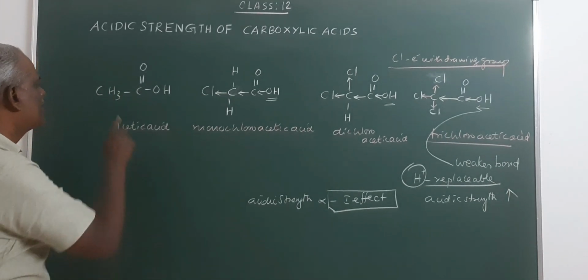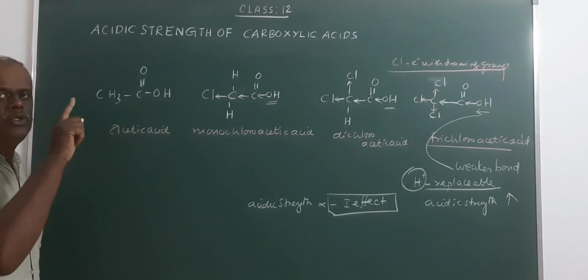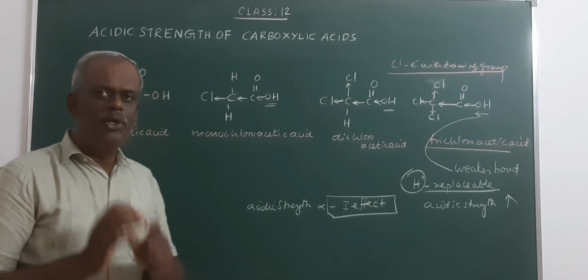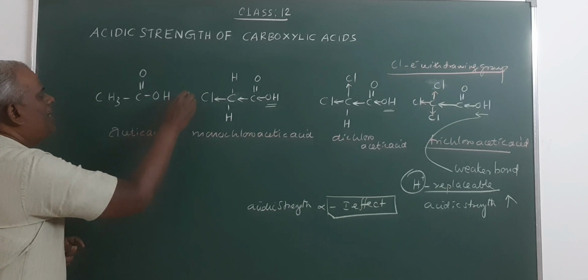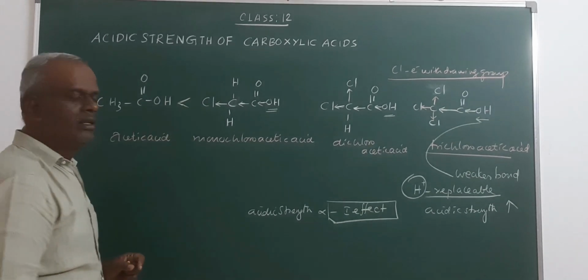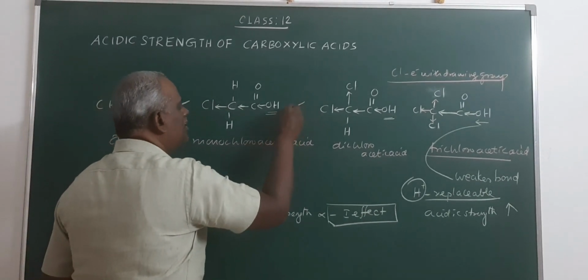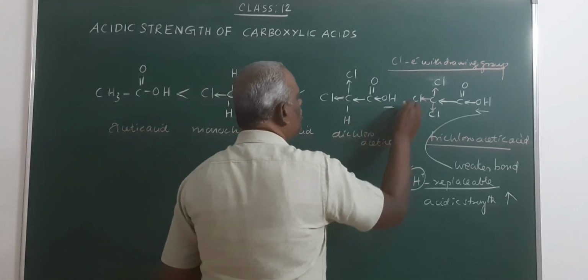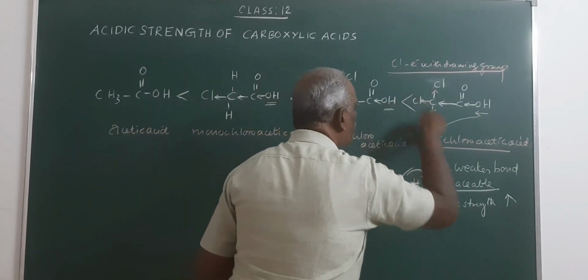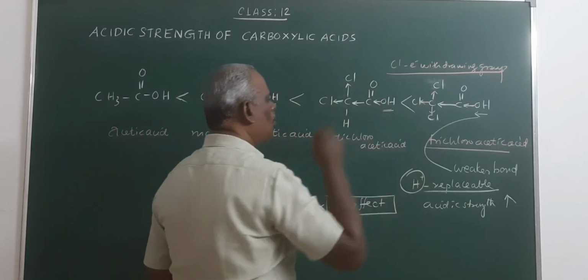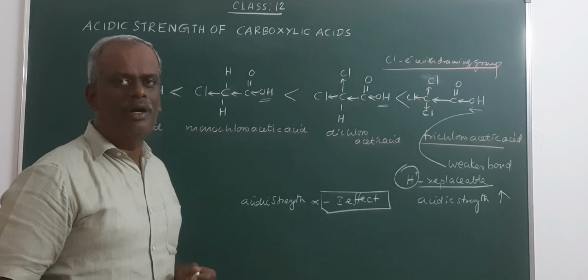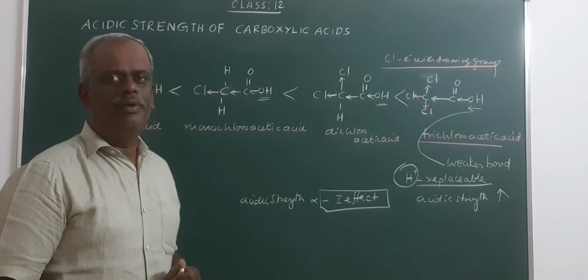But in the acetic acid, there is no electron withdrawing group. And due to that, it would be the weakest acid, and monochloroacetic acid is stronger, dichloroacetic acid is more stronger, and trichloroacetic acid is the strongest because it has 3 electron withdrawing groups.